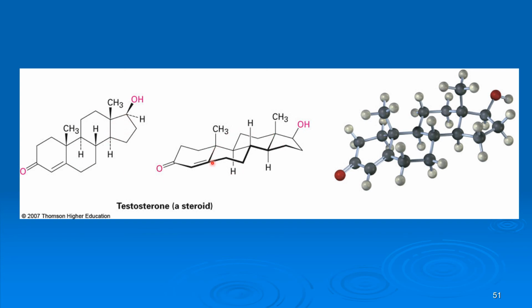But notice that this is the trans-decalin, where the two carbons are attached right there, and both carbons are equatorial. And so anyway, that's probably going to be the more stable, and all kinds of molecules that exist in life will generally have the more stable one. And so testosterone, a lot of steroids have this shape.